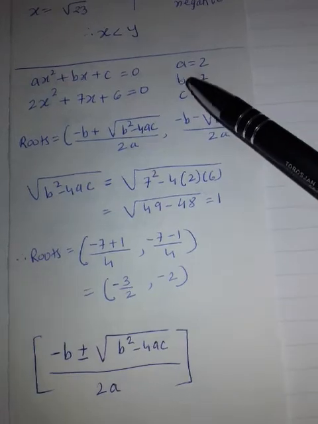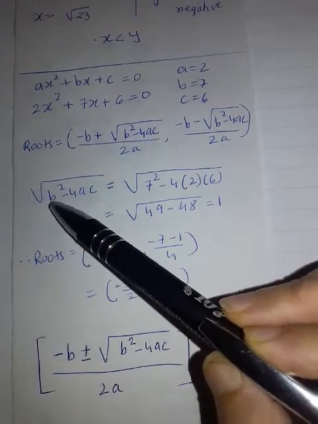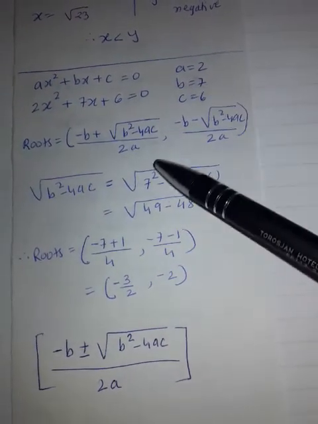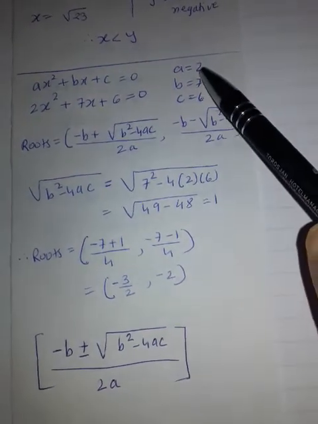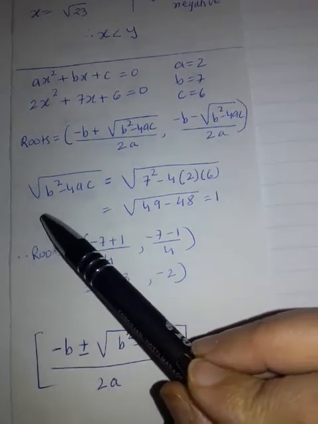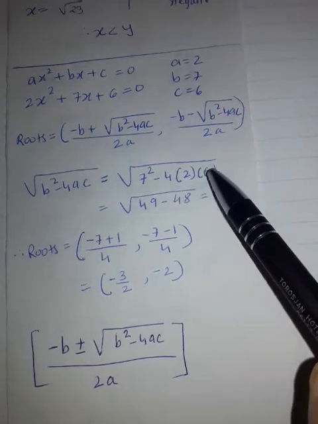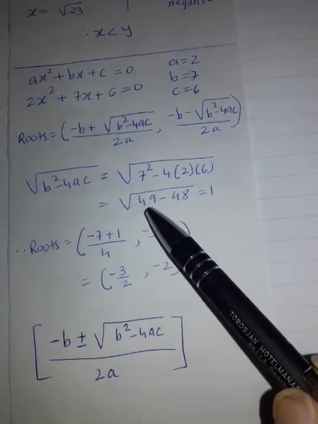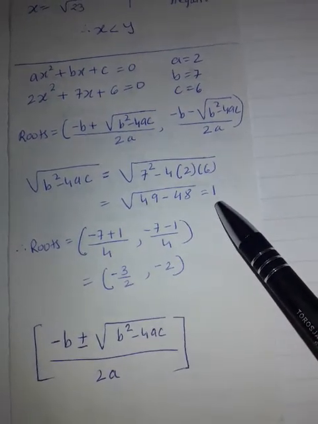I'll substitute these values. Square root of b square minus 4ac: b is 7, so 7 square minus 4 into a, that is 2, and c, that is 6. So I get square root of 49 minus 48, that is 1.